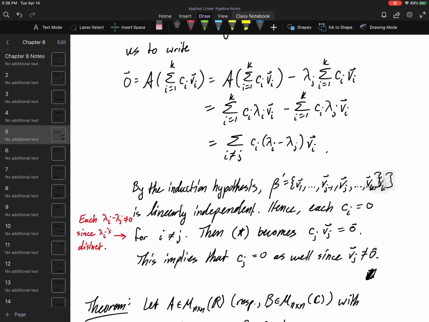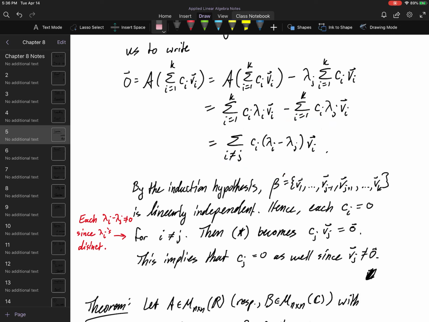And I should actually put that in right now, because the way it's written right now technically is a mistake, so let me fix it. So kill off the comma. We're going to skip over the jth vector because that guy was totally omitted in this linear combination in the previous line. This only goes from 1 to j minus 1 and from j plus 1 to k. We skipped over that vector.